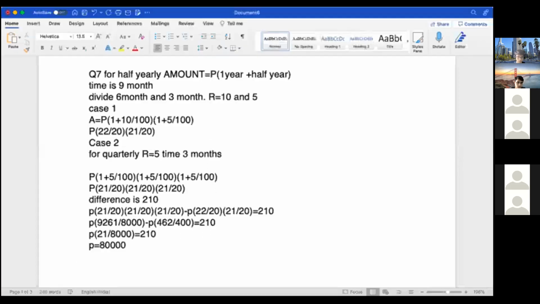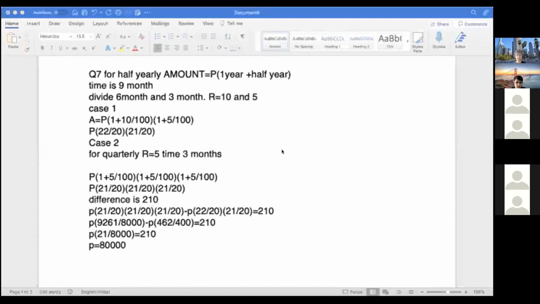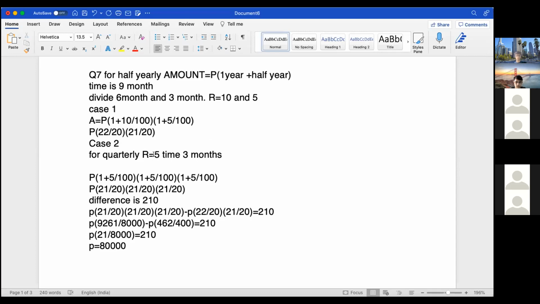Case 2 के लिए, if the interest were compounded quarterly, okay, for quarterly rate is how much?